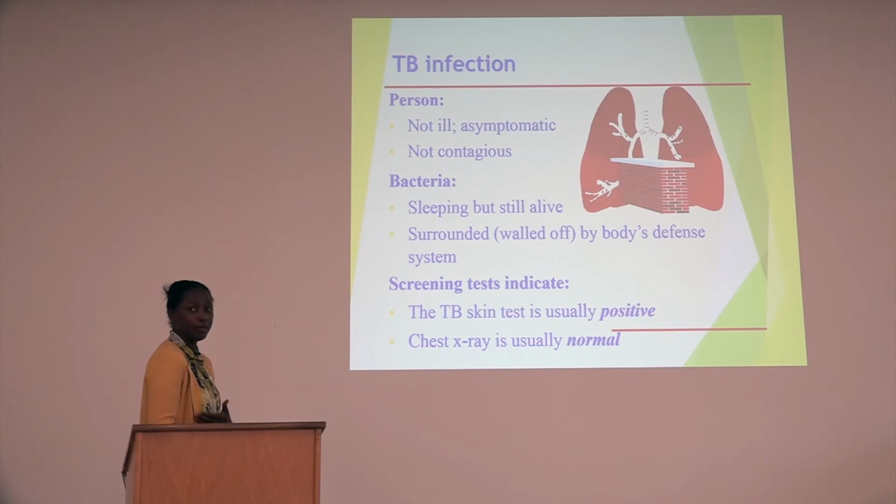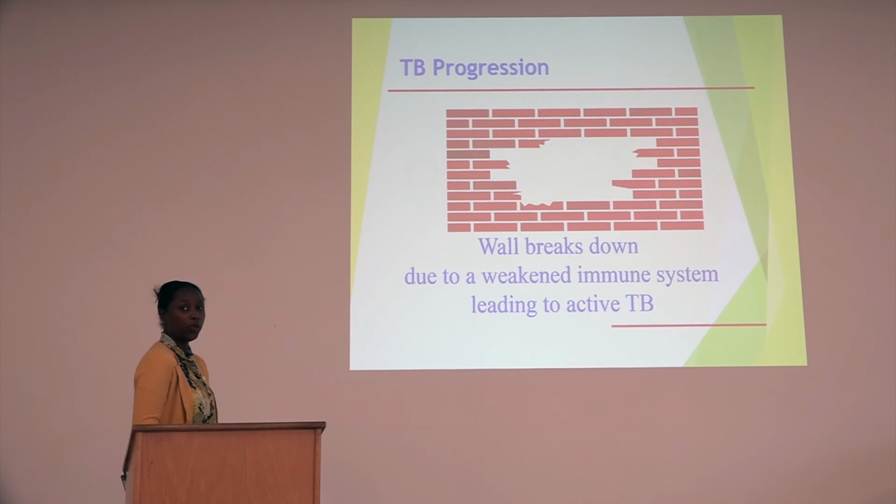If that skin test becomes positive at any time, then you will get a chest x-ray initially to determine whether or not you have active TB. If your x-ray is normal, then on an annual basis they will do what we call a symptom check. So they will check in with you every year to see if you have started to develop symptoms of TB.